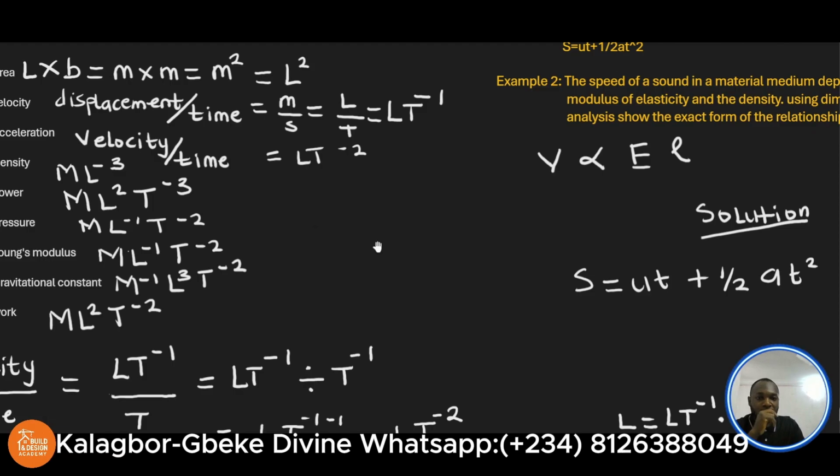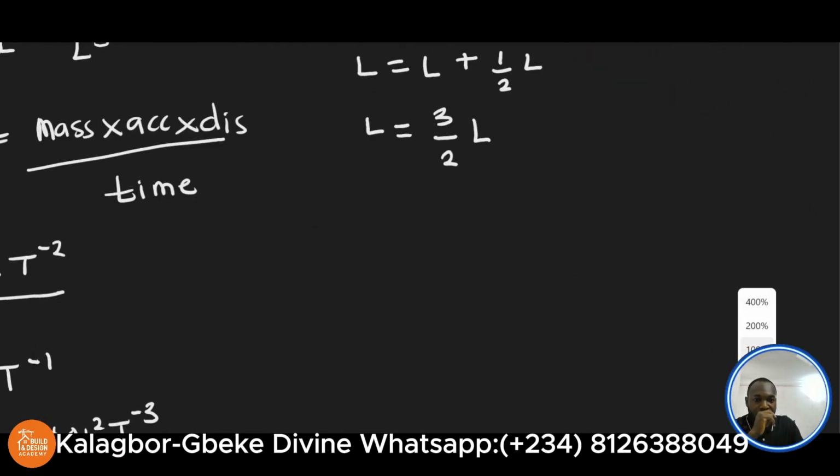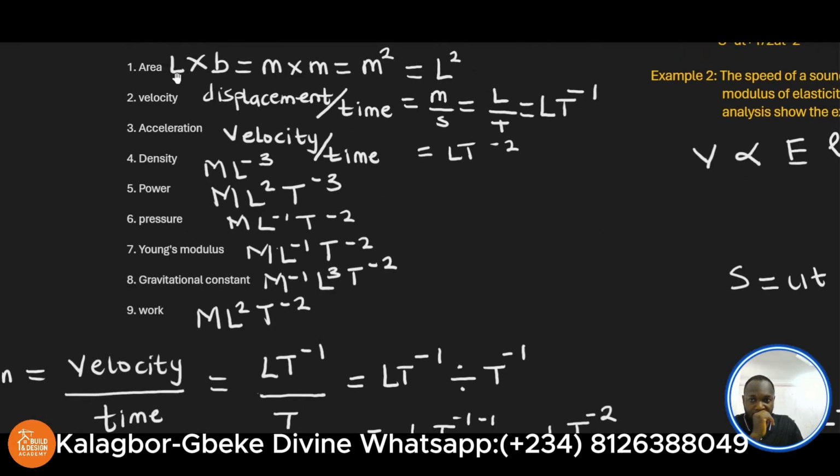Having all that, we'll simply substitute. Before we do that, we'll bring out our constant. So let's solve. The speed is directly proportional to the Young modulus and the density. We know that V is equal to LT raised to the power minus 1, and Young modulus is equal to ML raised to the power minus 1, T raised to the power minus 2.